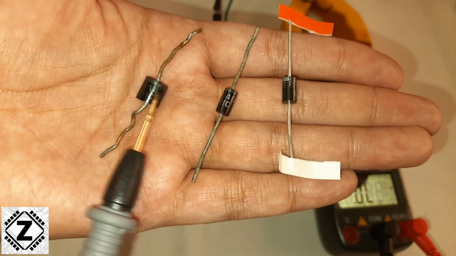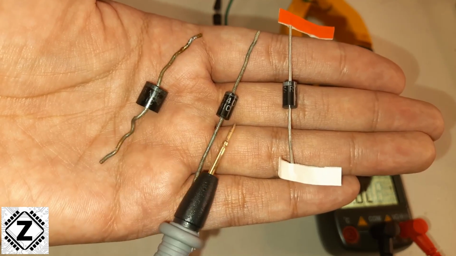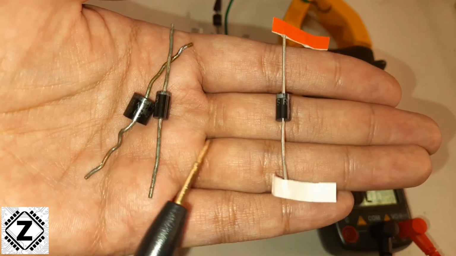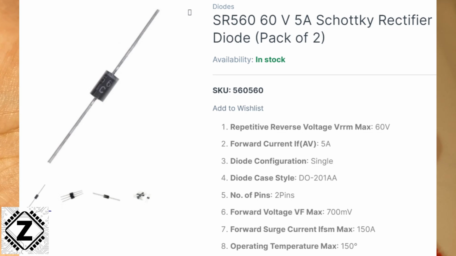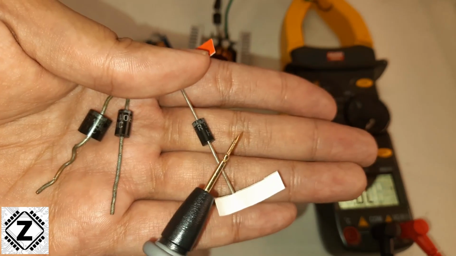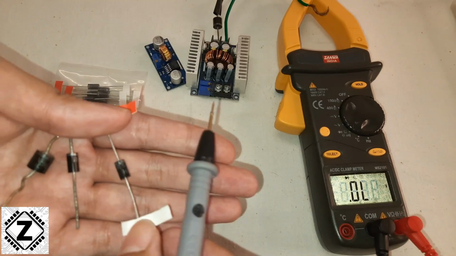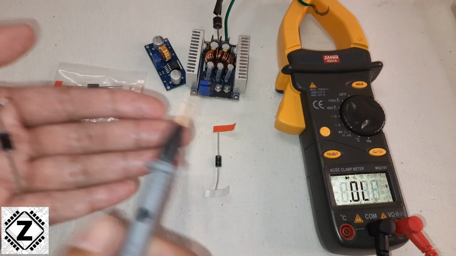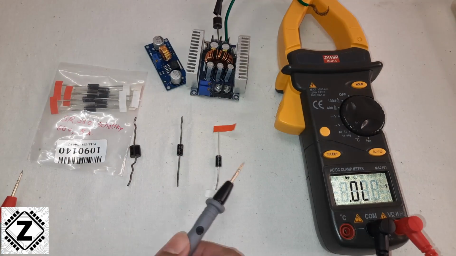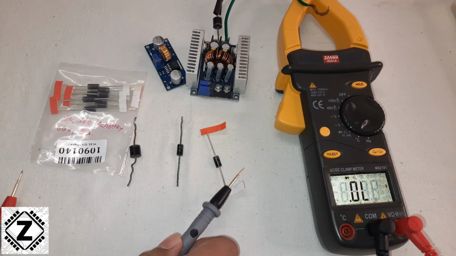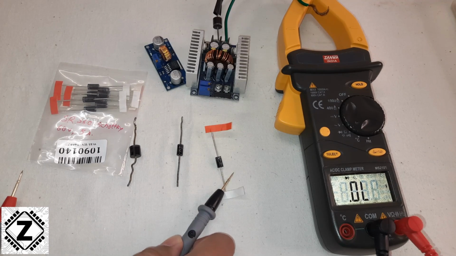So these things can withstand a much higher amount of reverse voltage. A Schottky diode on the other hand is generally rated at like 40, 45 volts, 60 volts, something like that. So you cannot use them for mains AC to DC conversion applications. Say if you want a little circuit that converts 220 volt AC into DC, these things will not survive. So Schottky diodes do not work in high voltage environments.